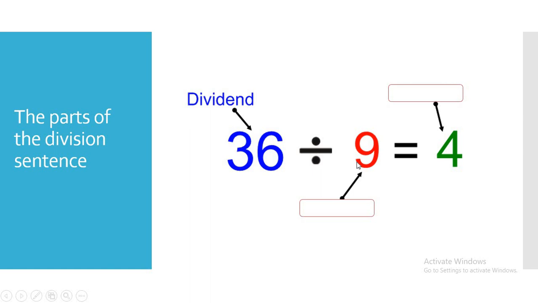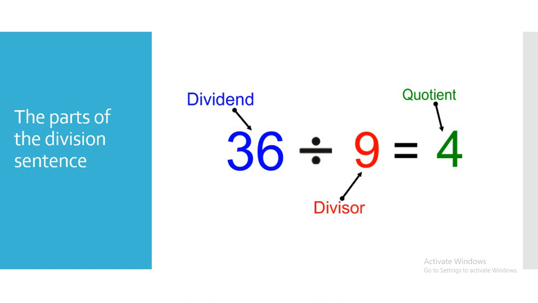The second number, which is 9 in this example, is called the divisor. And the answer of the division number sentence is called the quotient.